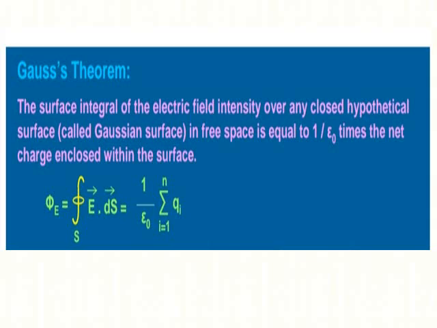And mathematically, electric flux denoted by phi E equals the integral of E dot ds over a closed surface S, which will be equal to the summation of qi from i equals 1 to n, representing the total charge enclosed within the surface, divided by epsilon naught.